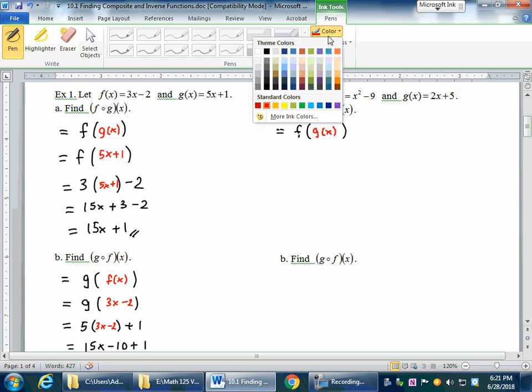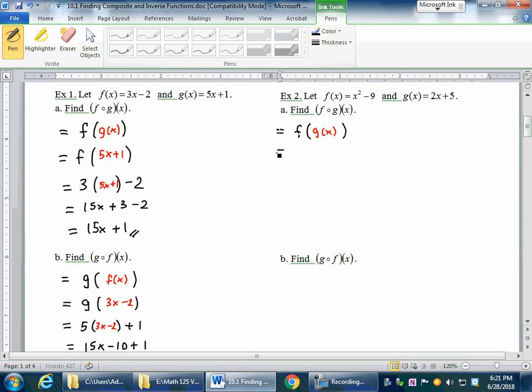Again, on the evaluation part, I cannot use g of x notation, so I'm going to substitute g of x with its formula, which in this case is 2x plus 5. Now we know how to evaluate this for the f function. The formula for the f function is input squared minus 9, and the input is 2x plus 5.